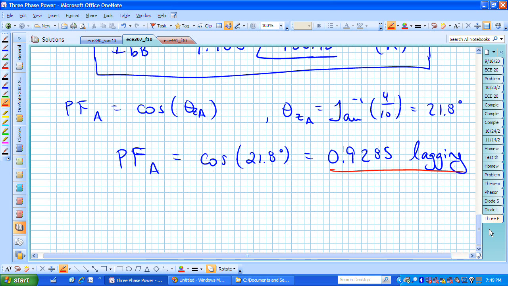Let's now look for the third piece, and the third piece was the complex power of all three, or the total complex load power.